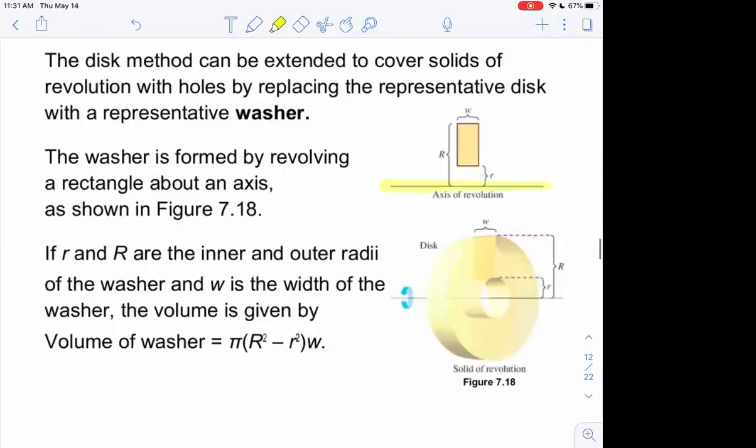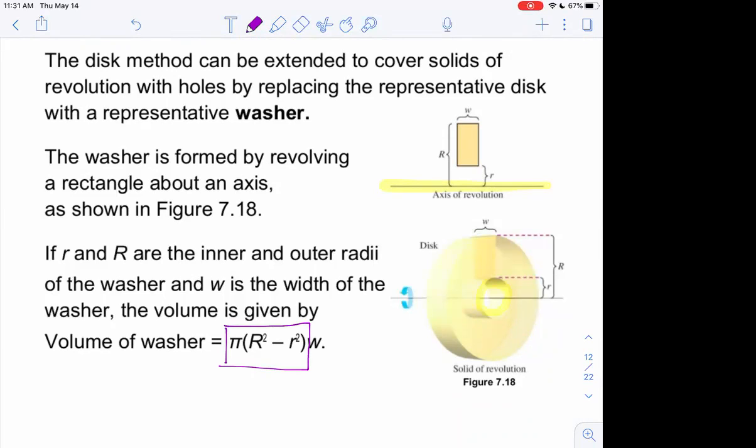And so when I rotate it, that's why I end up with this hole in the middle here, okay? So we use little r to represent the smaller radius or the inner radius, and we use big R to help us determine the outer radius or the bigger radius. And then this is what we saw at the beginning, where all we're going to do is take pi times big R squared minus little r squared.